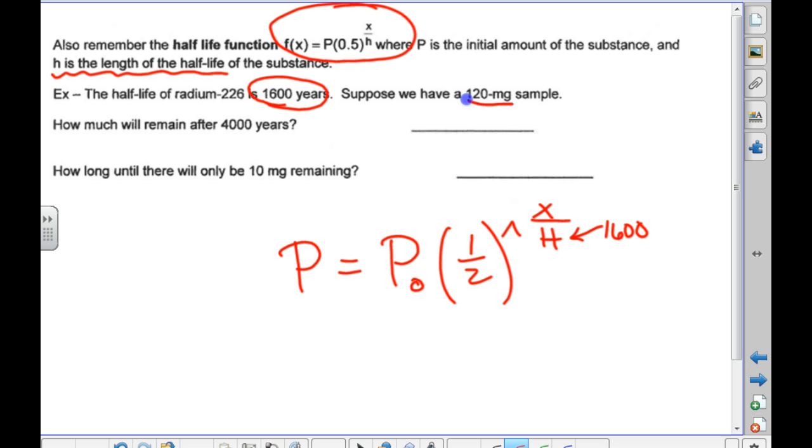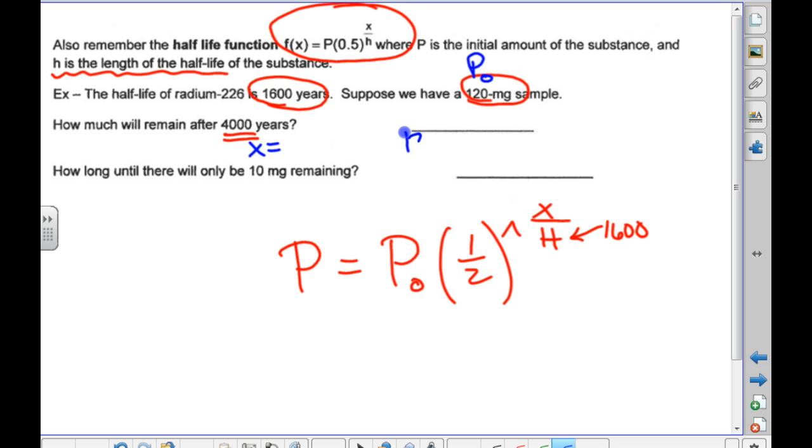Suppose we have a 120 milligram sample, how much will remain after 4,000 years? Where are those two numbers gonna go? 120 is gonna go into P sub 0. Yep, this is gonna be the original amount, and this is gonna be our x value. We're just gonna type that in.